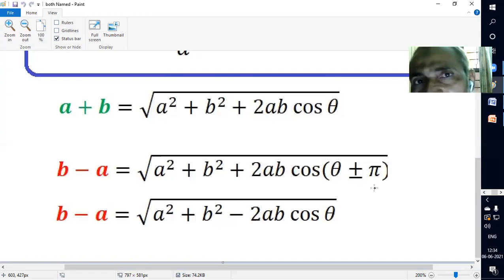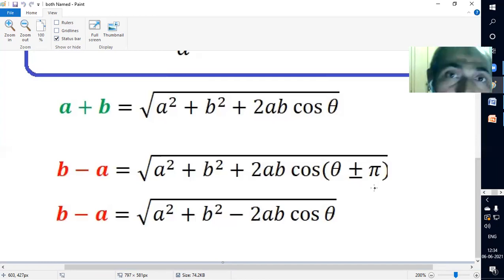When the vector a is reversed, you can say that its magnitude remains unchanged, but the direction is inverted. The inversion of the direction is nothing but changing its angle through 180 degrees. Therefore, the value of angle theta is increased by pi radians.